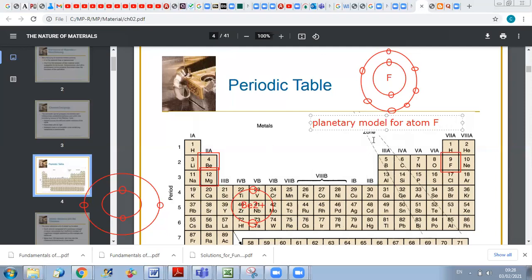Since it has 7 electrons on its outer orbit, it's very close to the set of 8. So it just needs to gain 1 electron to form the ion F minus. If I want to represent the planetary model for F minus, I will have 2 electrons on the first orbit and 8 electrons on the second orbit.